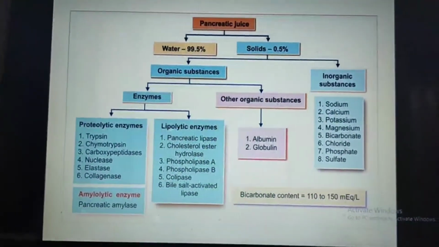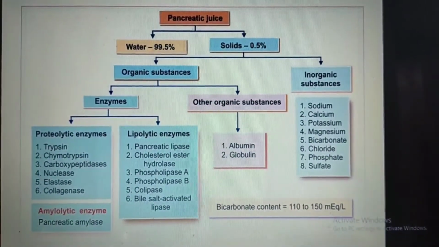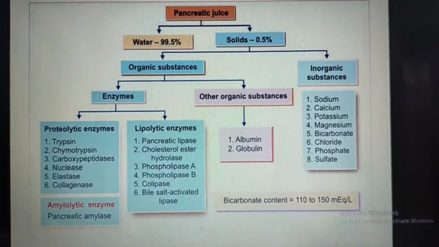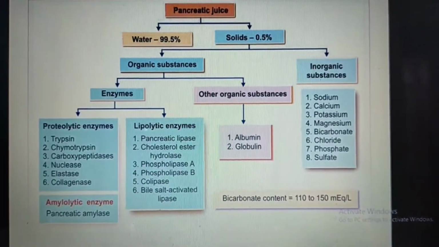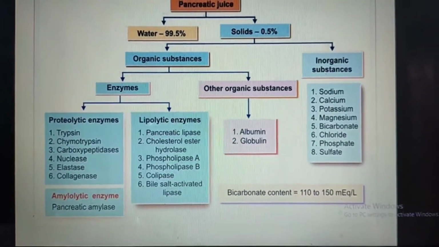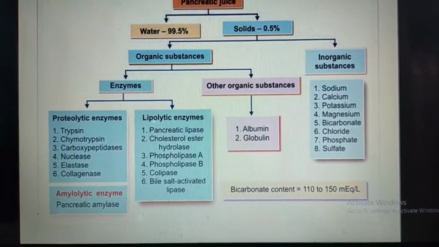So in this figure we can see the composition of pancreatic juice. There is water, which is 99.5%, and solids would be 0.5%. In solids there would be organic substances and inorganic substances. In organic substances there are enzymes and other organic substances.